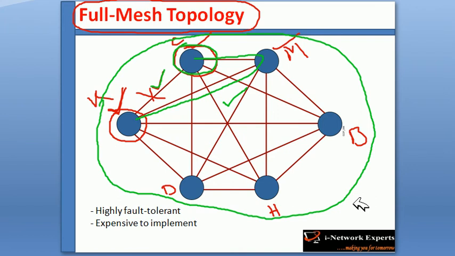At the LAN side, you can use this type of full mesh connectivity. But for the WAN, you have to think about your budget, and you have to choose the number of connections you can do between your branch offices. So it's all about budget, and this type of WAN topology, very few companies are using.